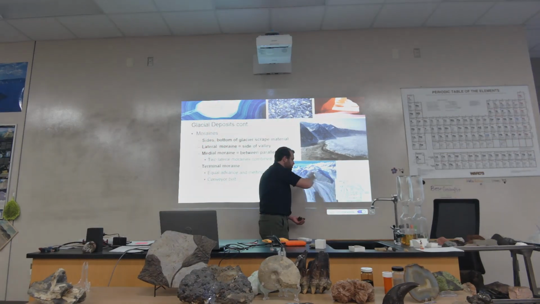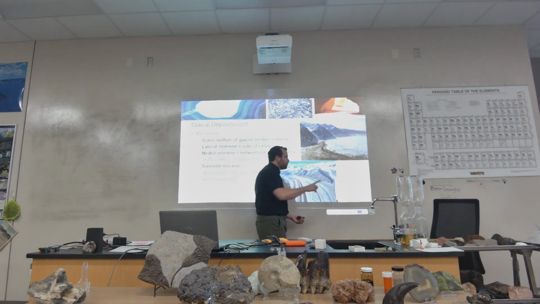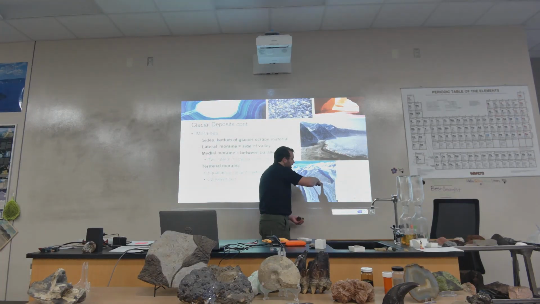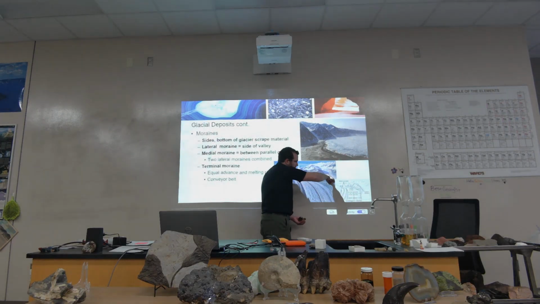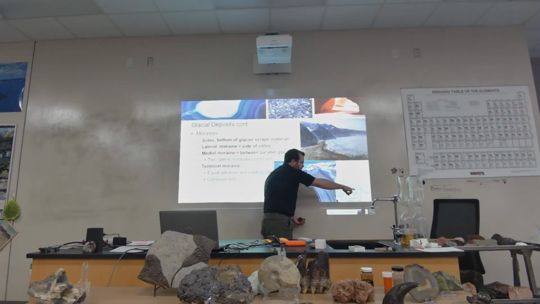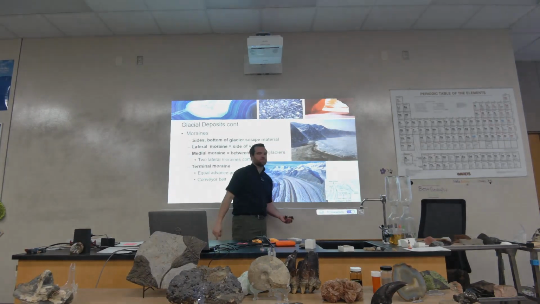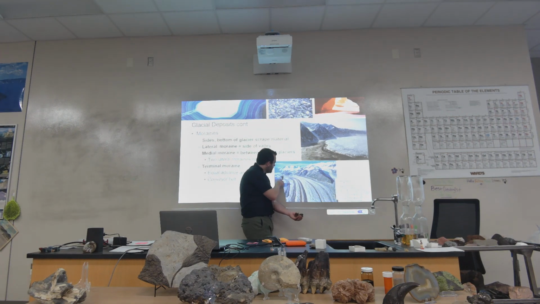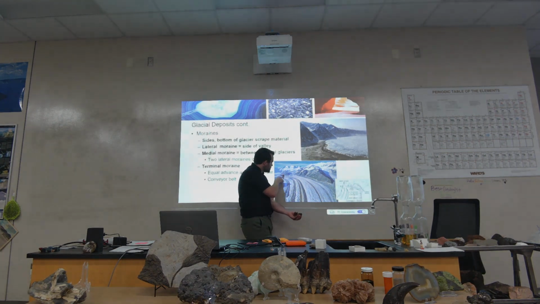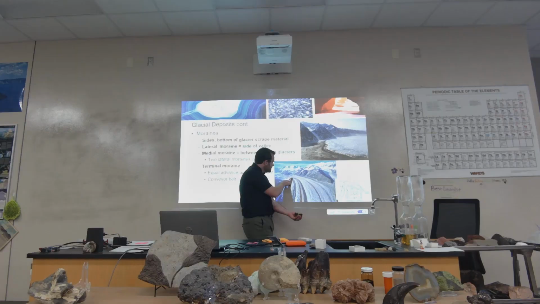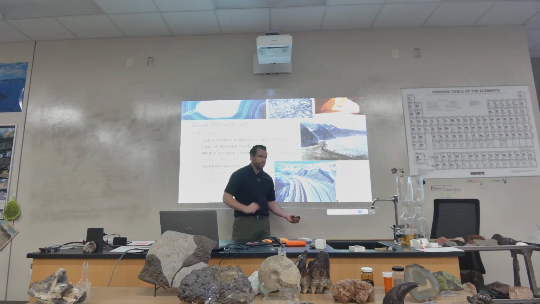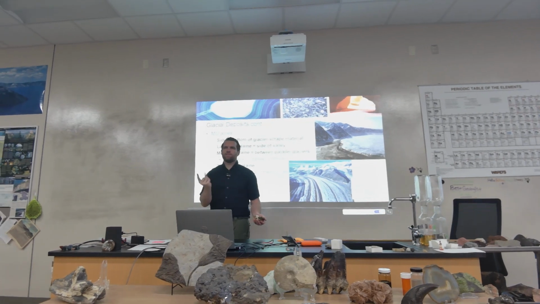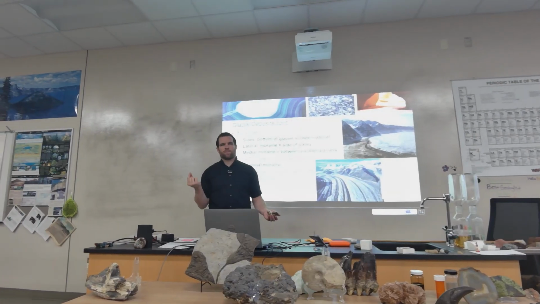Well, when two glaciers run into each other and make one bigger glacier, the two lateral moraines combine here, and now they're in the middle of our new bigger glacier, and we call those medial moraines. So you can see this is a medial moraine right here. This medial moraine started when this glacier ran into here, and this medial moraine started when this glacier ran into there. Two lateral moraines combine to make a medial moraine.